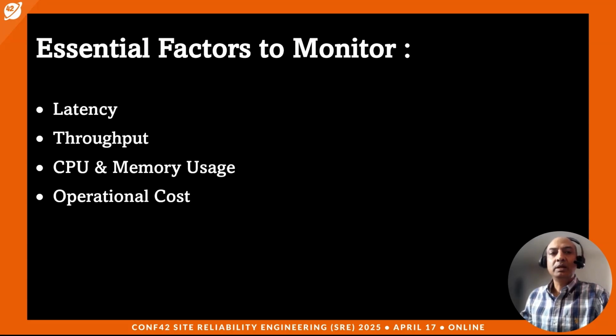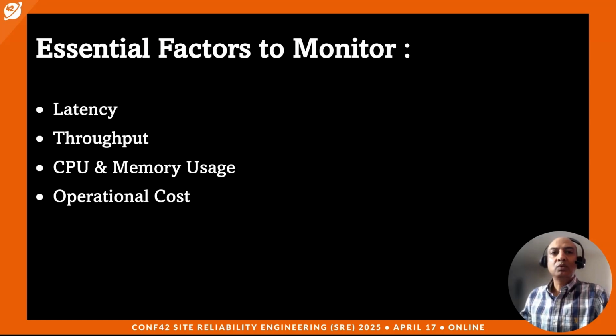Spikes may indicate performance bottlenecks or inefficient applications. Operation cost is also one factor. Often overlooked but critical, monitoring itself uses resources and some tools incur additional costs. You need to track this to ensure that the benefit of monitoring outweighs the expense.